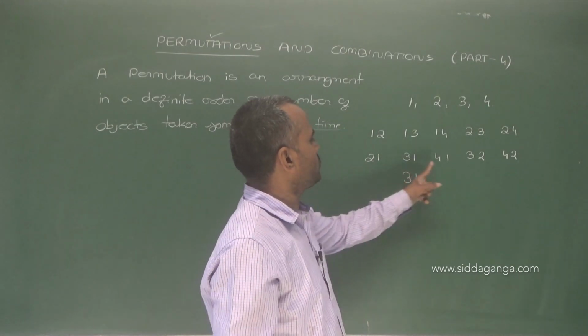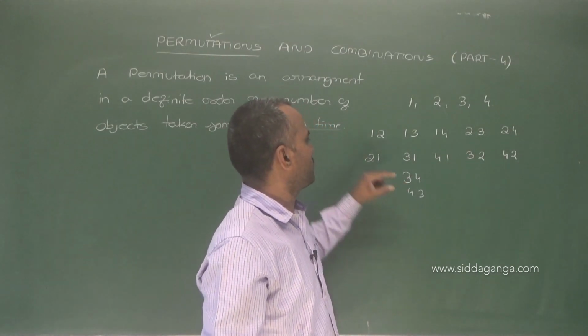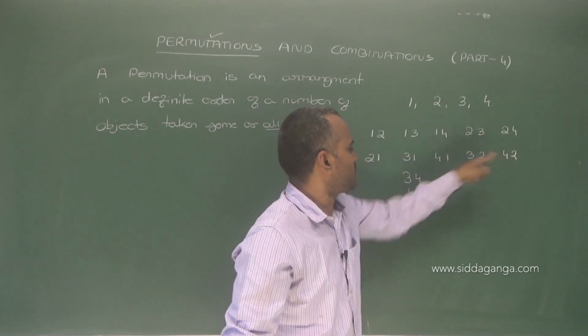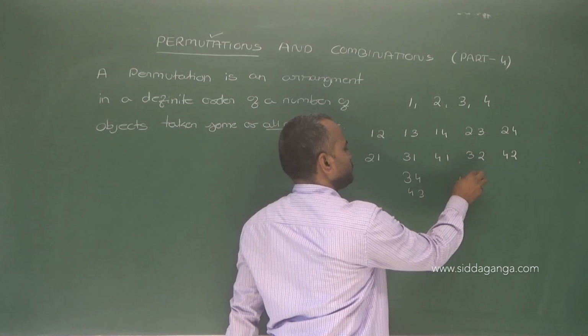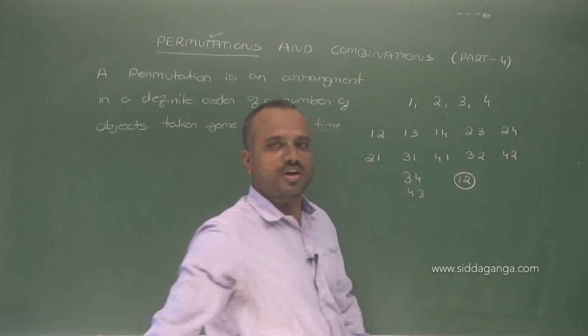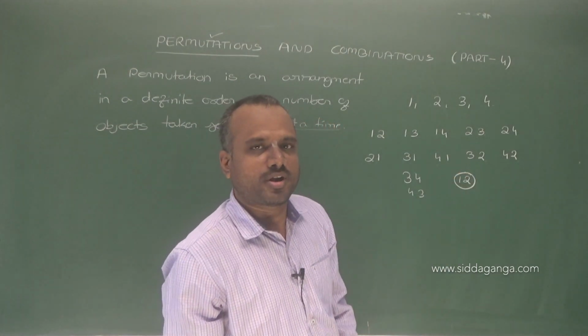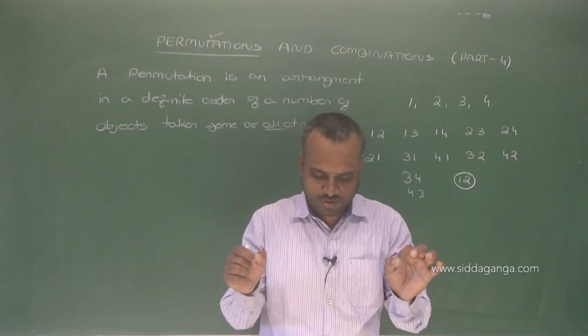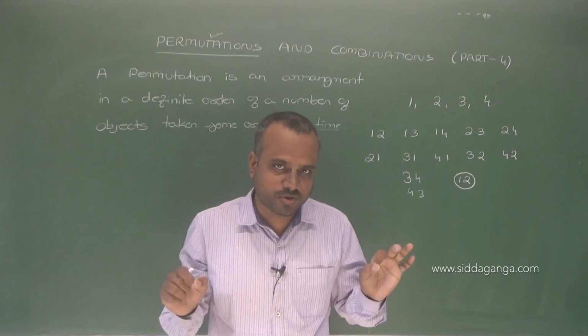So 1, 2, 3, 4, 5, 6, 7, 8, 9, 10, 11, 12. Total number of arrangements is 12. Very simple concept, very important.